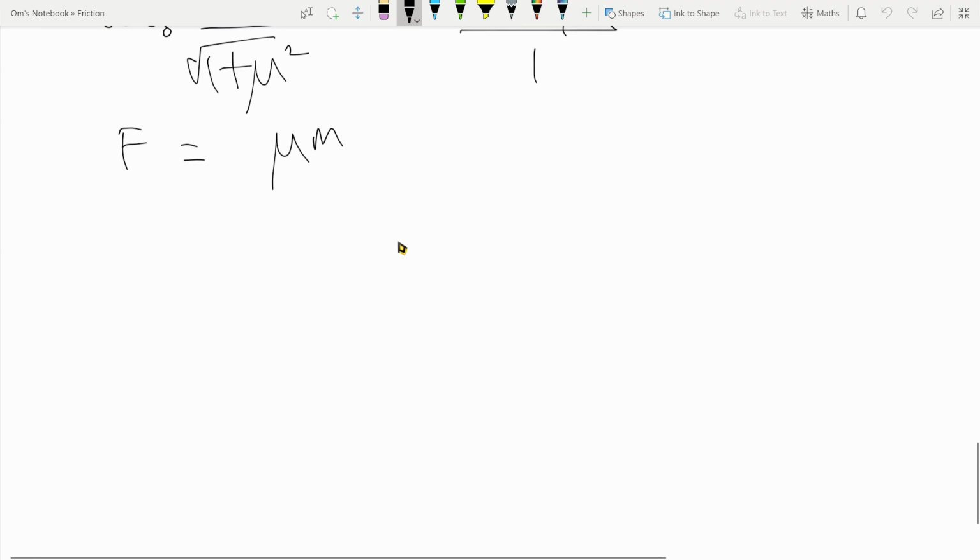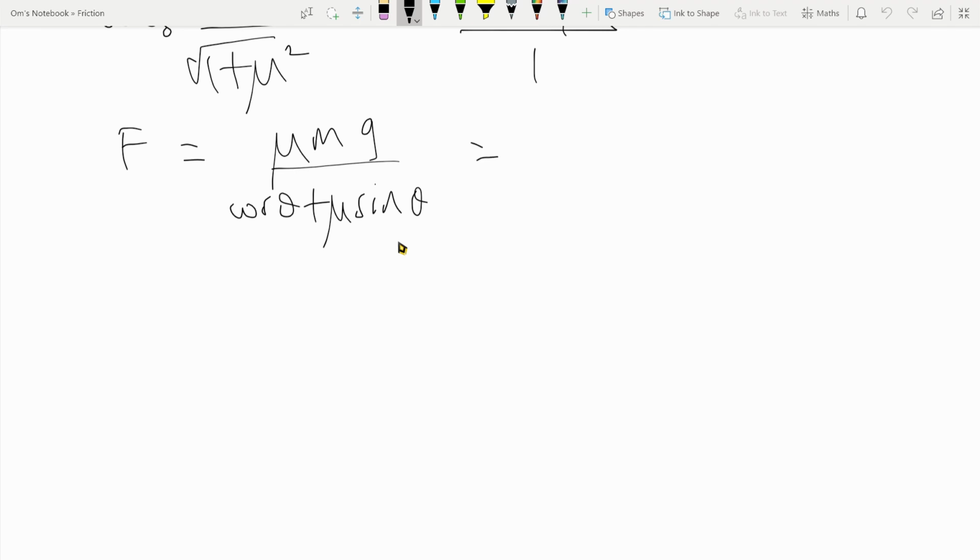So mu mg by cos theta plus mu sin theta, and this can further be written as mu mg by cos theta into 1 plus mu tan theta. Because I didn't find the value of sin theta, I just drove cos theta from the expression and wrote it like this.